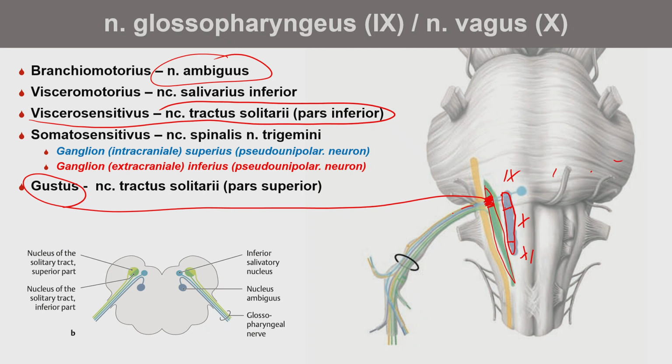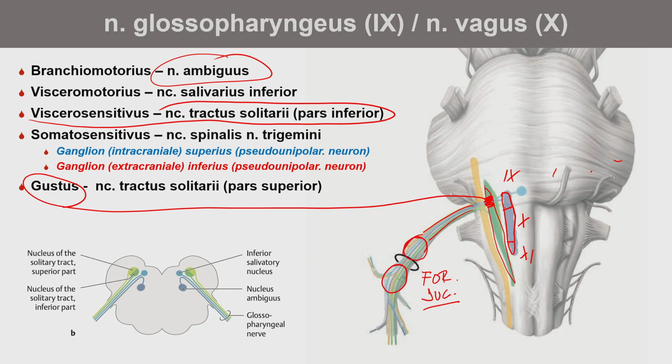Then the glossopharyngeus nerve is going outside from the brainstem, and we can distinguish two ganglia. Two ganglia are localized, one intracranially, the second extracranially, at the level of foramen jugulare.